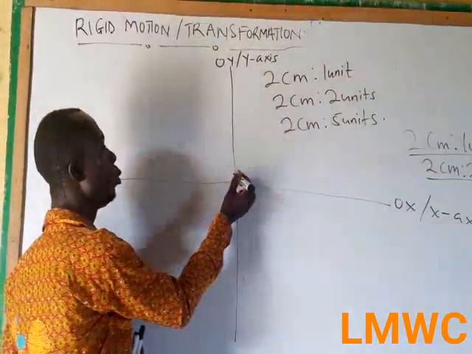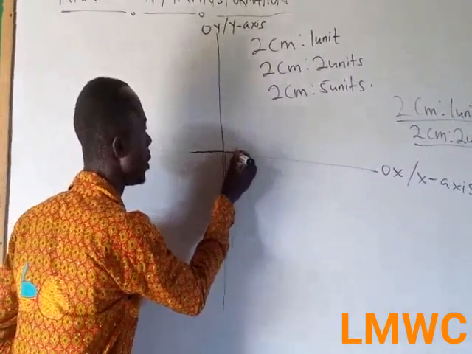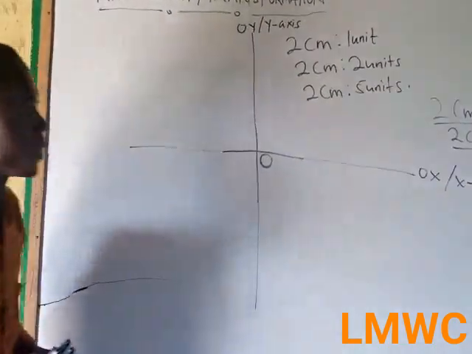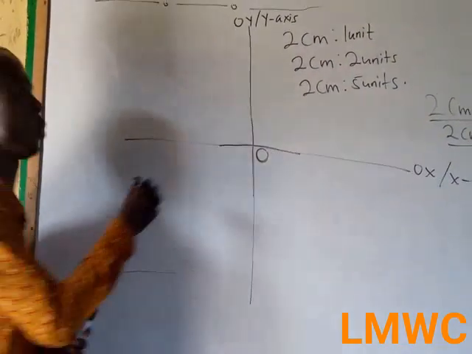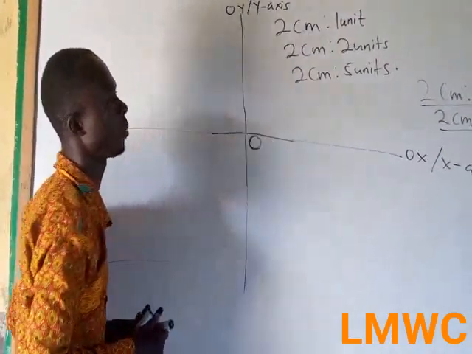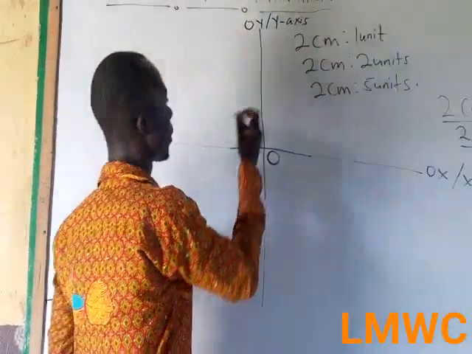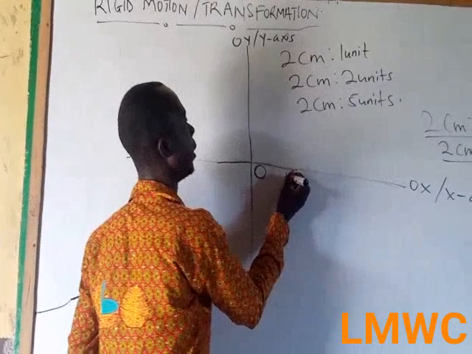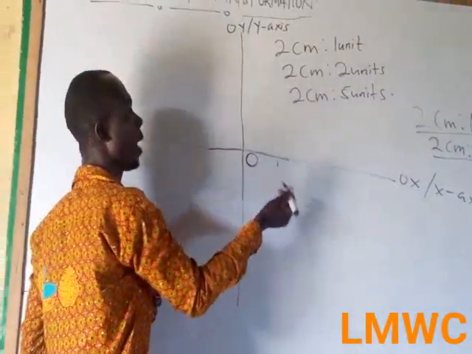On the graph sheet, this meeting point is called the origin. So we name it O. That's the origin. Always this is the positive side, so you name it 1 if you are given 2 centimeters to 1 unit on both axes.